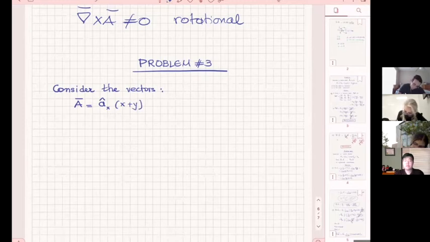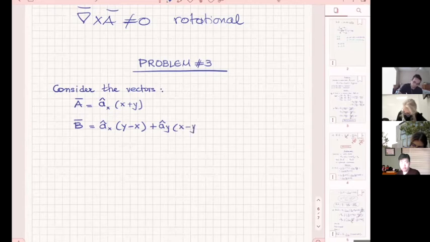Then B equals A sub x times (y minus x) plus A sub y times (x minus y).